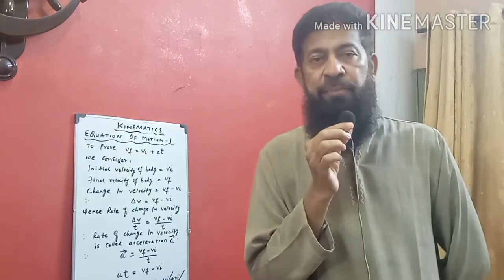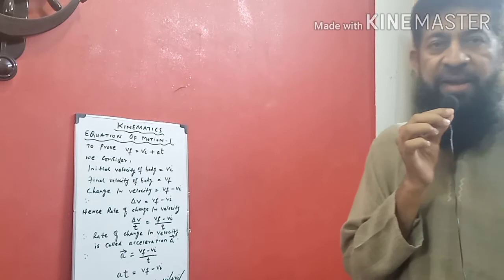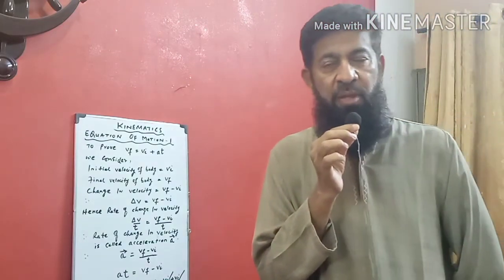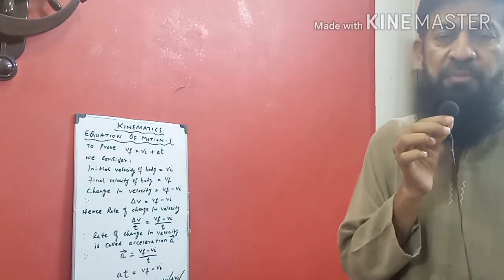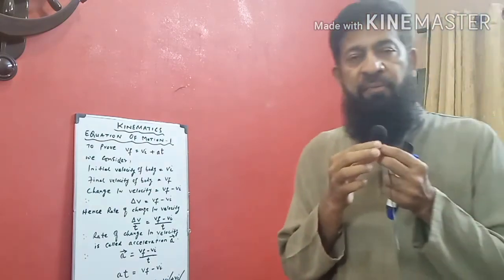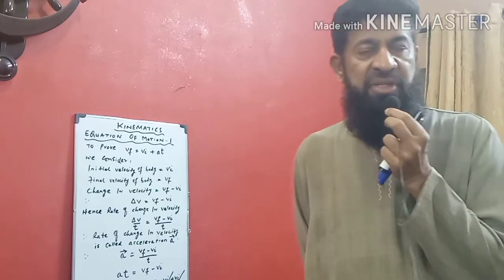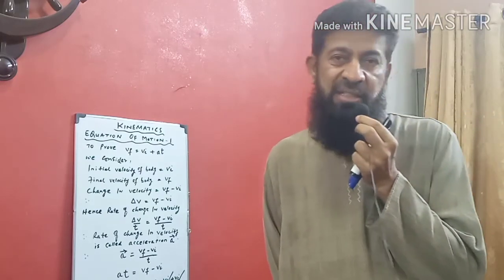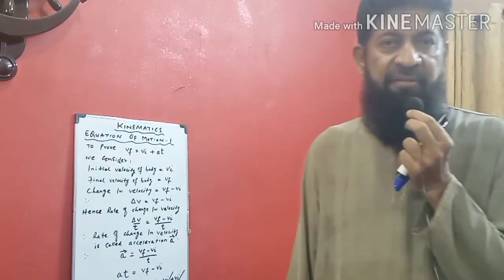First of all, I will differentiate between rest and motion. What is rest? When a body does not change its position with respect to its surroundings, it is at rest.